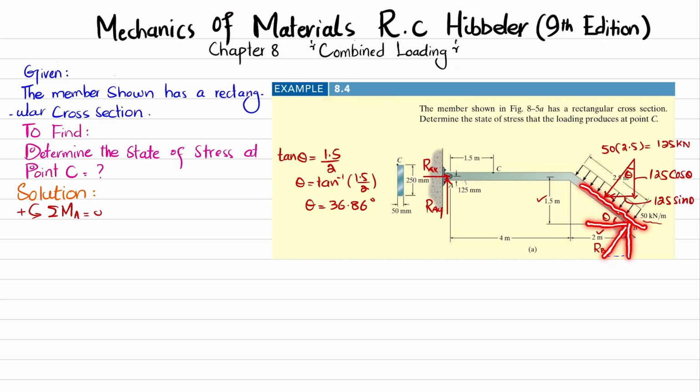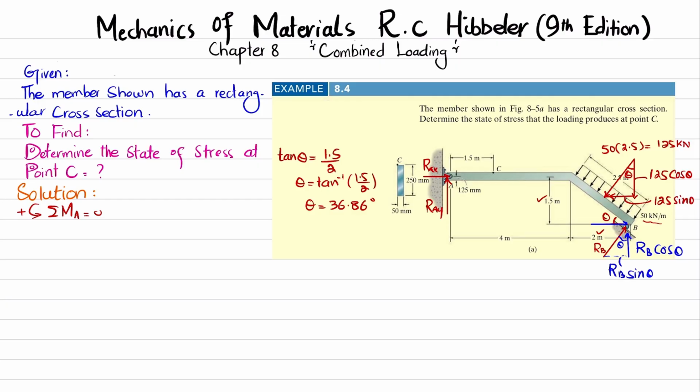So if the angle between these two is theta, so this angle will be also theta. So I can write it here as theta. So this component will be equal to RB cos of theta, and this component will be RB sine of theta. Now we have resolved all the forces into its components.